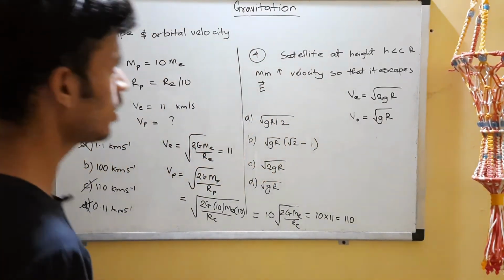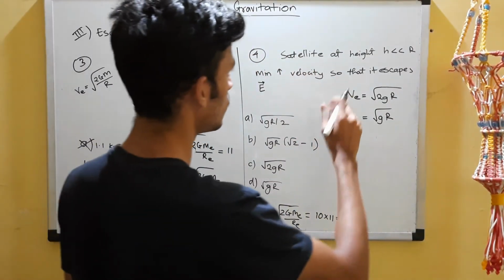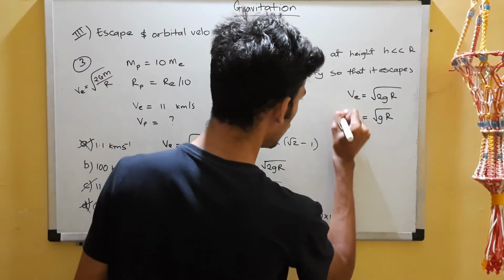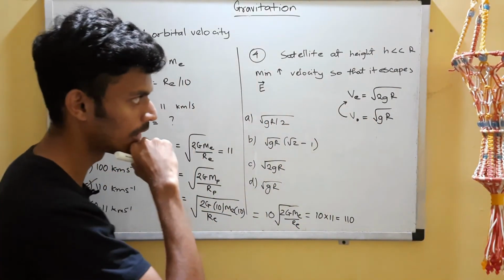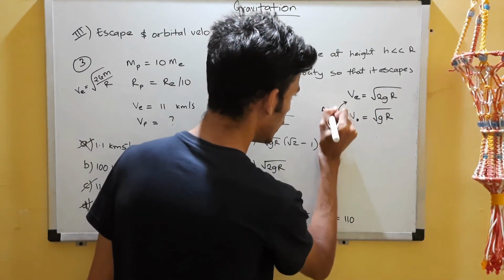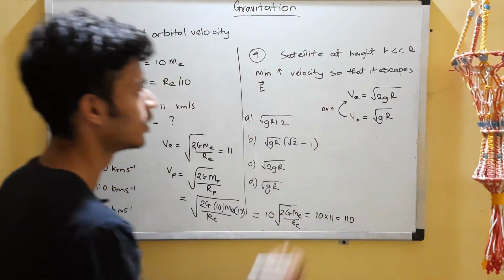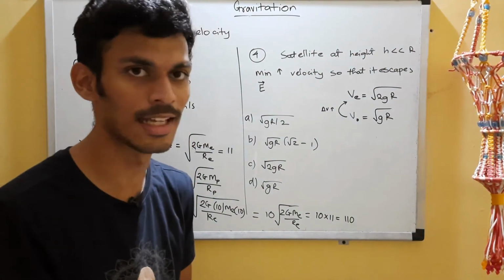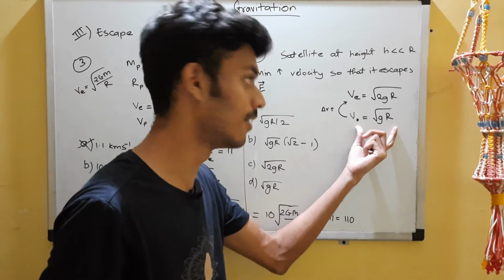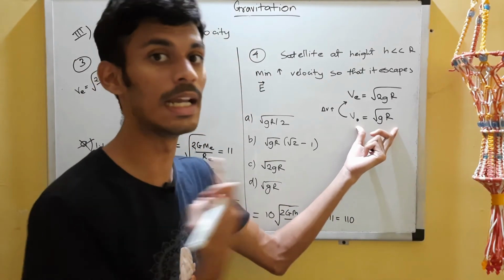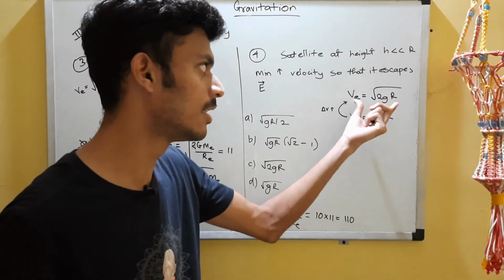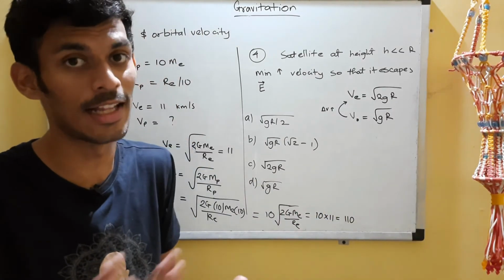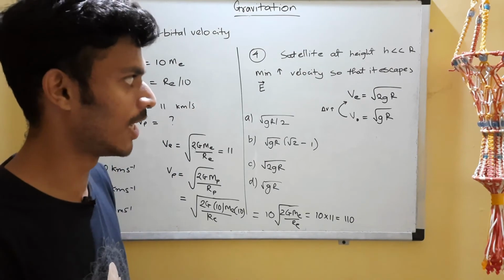Okay, now you want to find the minimum velocity so that your satellite escapes, right? So basically you have to find the difference between these two, right? This is the increase in the velocity that you want so that your satellite escapes. This is the velocity with which the satellite is orbiting, and this is the velocity which, when given, your satellite will escape the Earth's gravitational field, right?